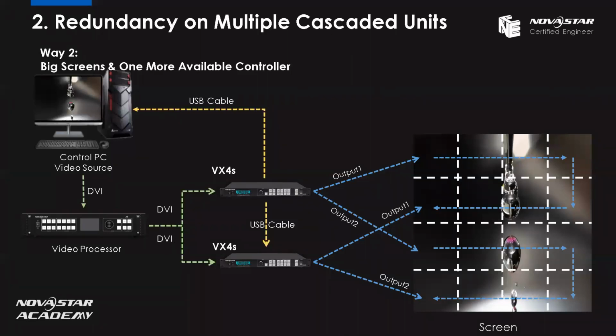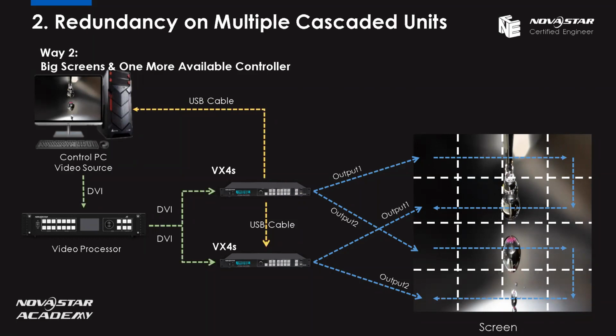As well, if you don't have any video processor, you can use an HDMI splitter or DVI splitter, which can take the DVI from the control PC and split it, I should say copy the DVI from one to two.